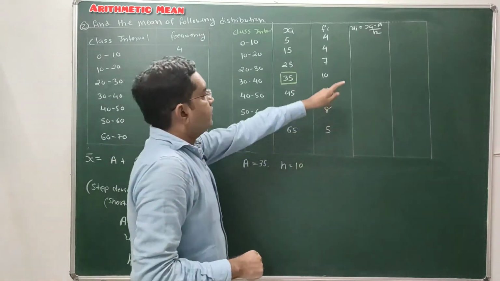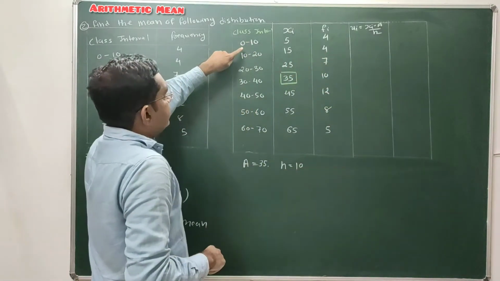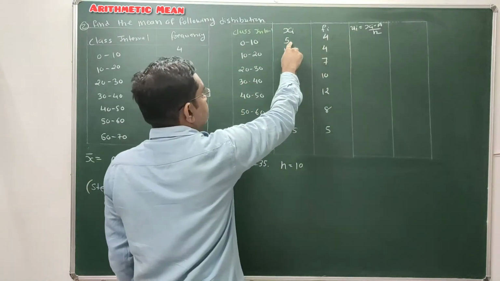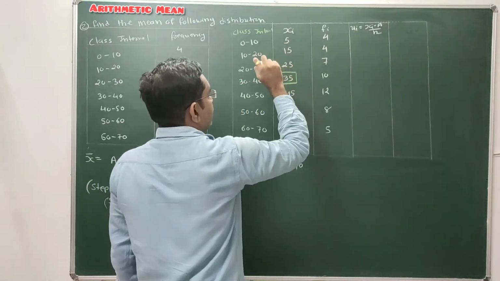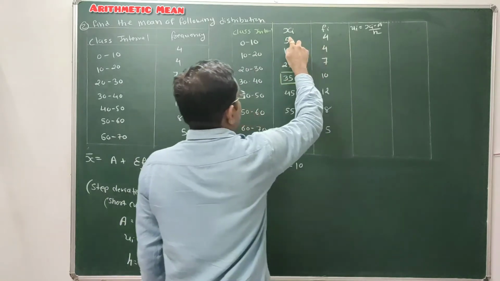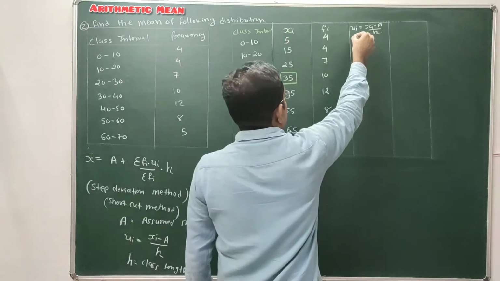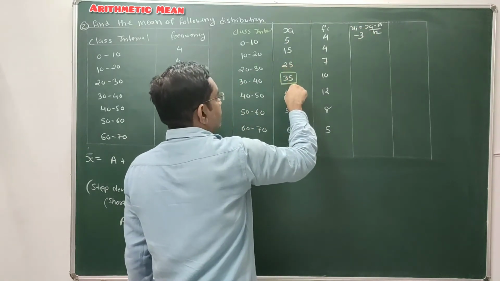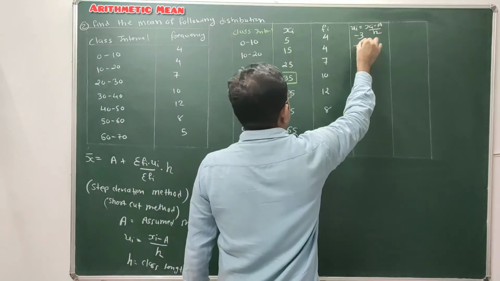So for the first class interval 0 to 10, what is the value of ui? It's xi minus a: 5 minus 35, minus 30 by 10, so it's minus 3. Similarly here 25 minus 35, minus 20 by 10, it's minus 2.